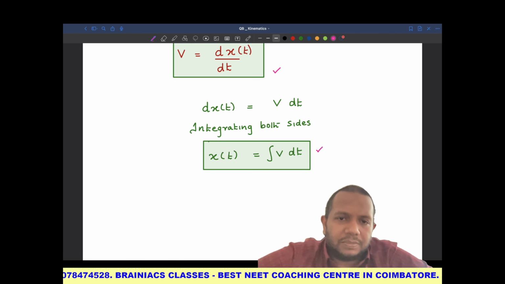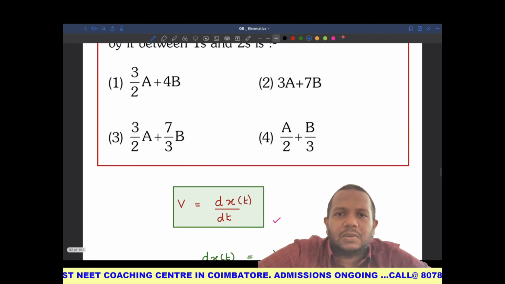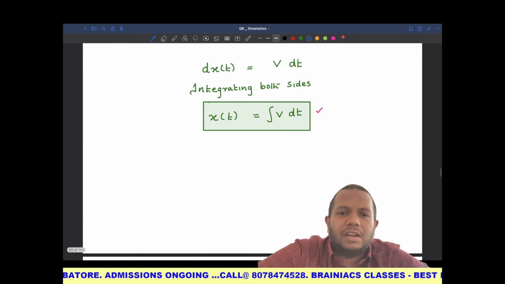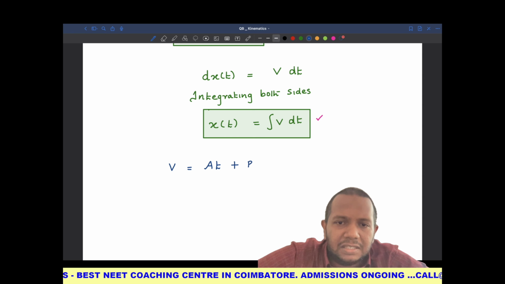Now let's do it. Very simple. We have the velocity equation given in the question, that is at + bt². So we will first write that down: velocity is equal to at + bt².